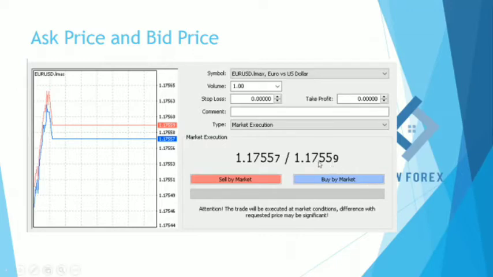If you look here, you can see buy market, which is the current market value. As you can see on the chart here, there's 1.17559. That's what the broker is going to give you for the Euro USD to buy. However, if you're selling, they give you 1.17557. The difference between these two prices is what we call the spread.